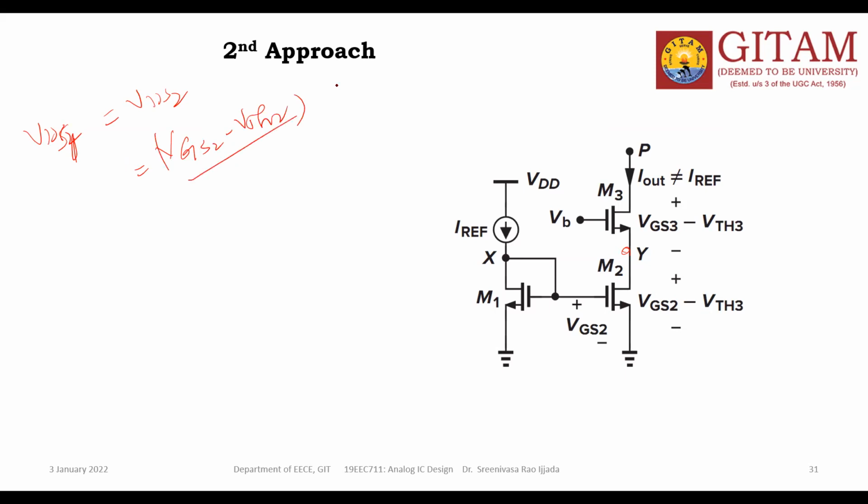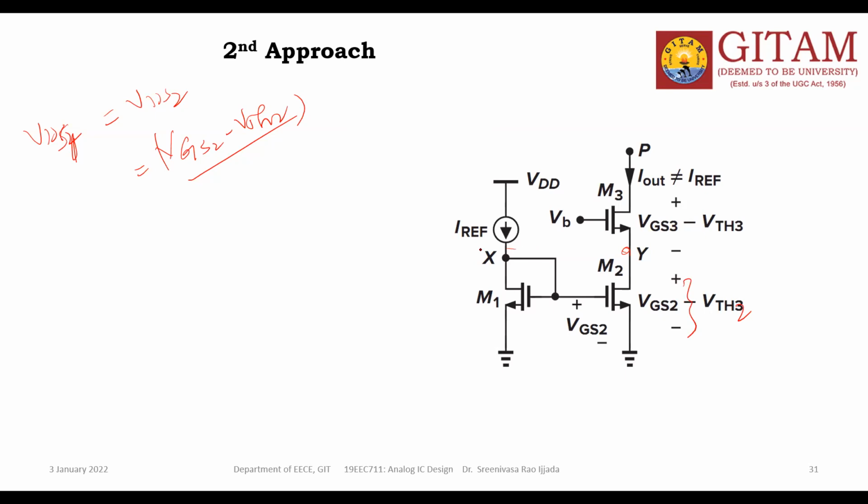We have discussed this any number of times: the drain to source voltage of a device is equal to gate to source minus threshold voltage. So VDS1 is equal to VDS2, which is equal to VGS2 minus VTH2. Since M1 is diode connected, am I correct?